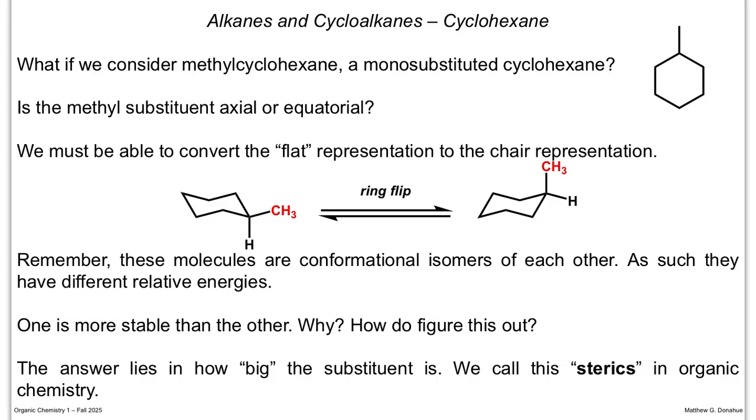So let's start substituting a hydrogen for something else. These are mono-substituted, so I can just call that, say, some group R. And then the 2 chair conformers are shown for methyl cyclohexane.